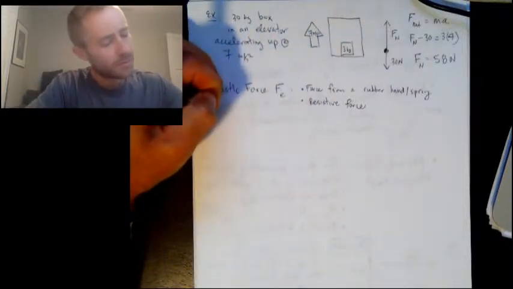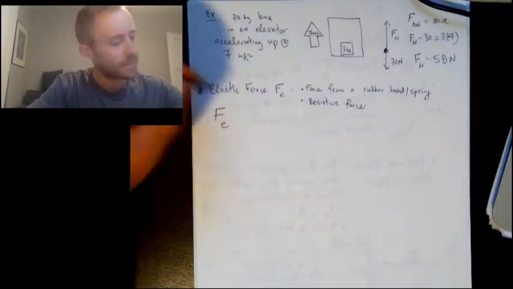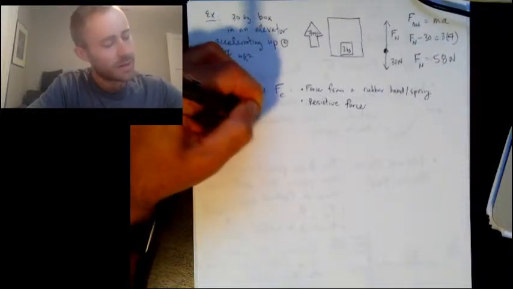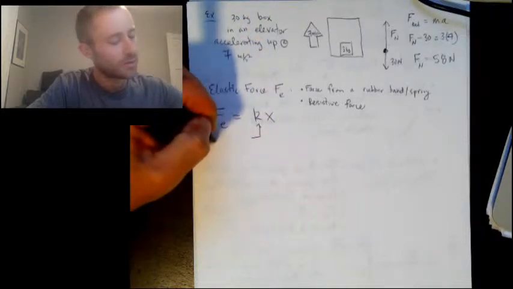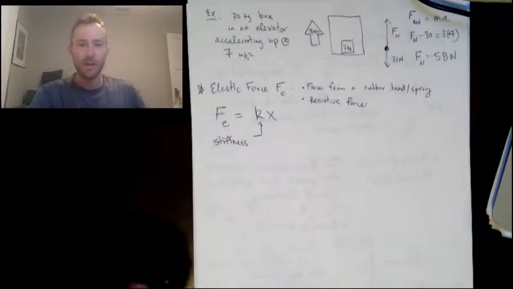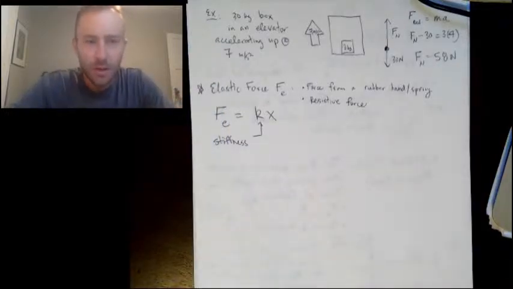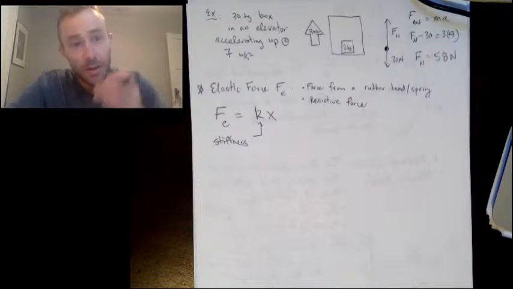So the formula for the elastic force is F_E equals k times x, where k is called the stiffness. You could have different rubber bands made of different materials: a super thick rubber band, a thin rubber band, or rubber bands made out of different types of rubber.